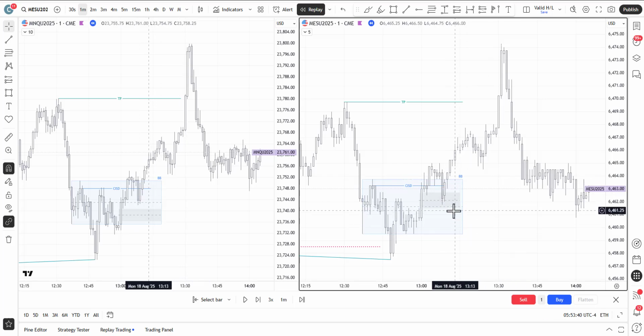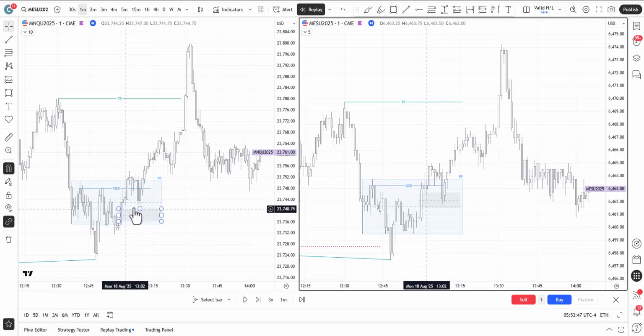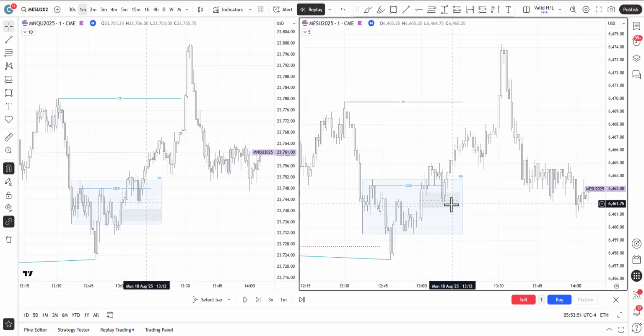If you want to go really precise, then you actually have a teeny tiny SMT here, because it did take out the low. It did not get the FVG on NQ, but it did get the FVG on ES, so then it starts running up.